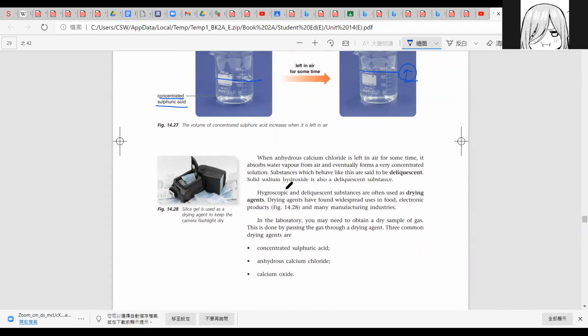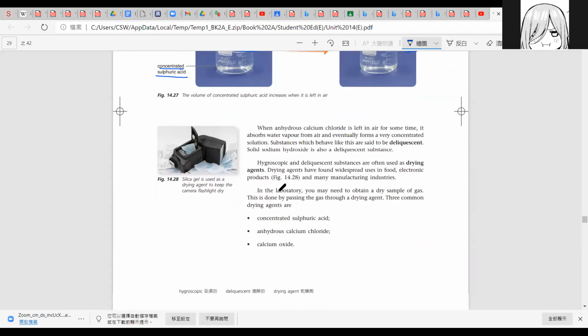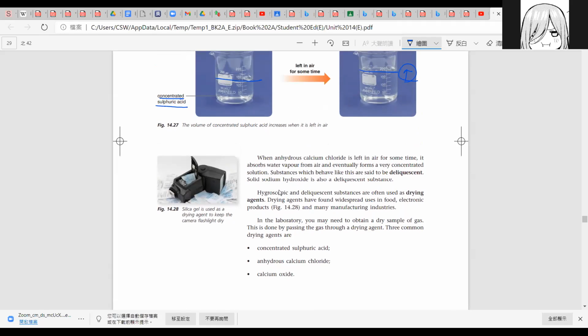So I would use the following substances as drying agents: concentrated H2SO4, silica gel, anhydrous calcium chloride. Calcium oxide is also a choice, but it will release some heat while absorbing certain amounts of water vapor in a very short time.